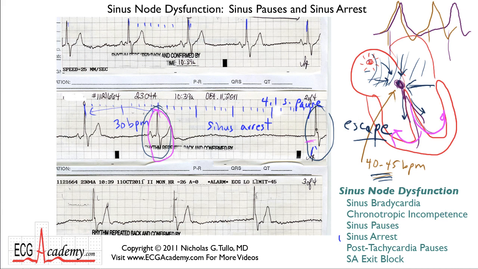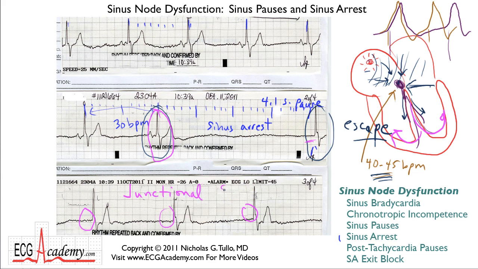This beat arose, and in fact, if you look down here, you'll see a series of beats with no P waves in front of them at a rate in the range of about 35 to 40 beats per minute. That's where you can basically diagnose a junctional escape rhythm.